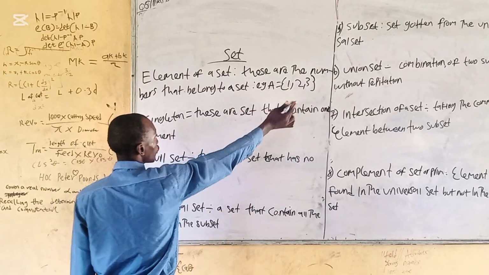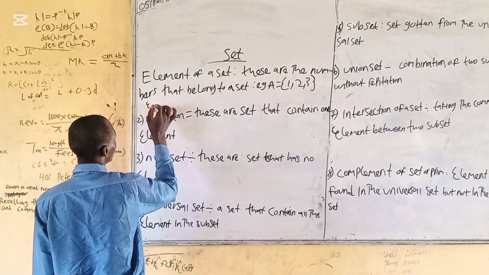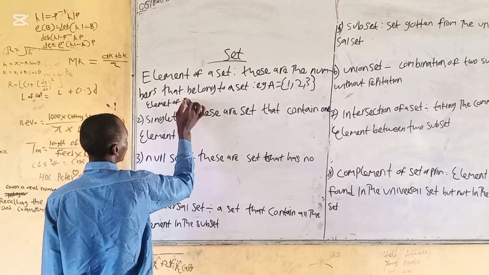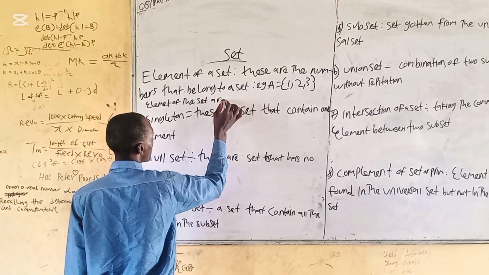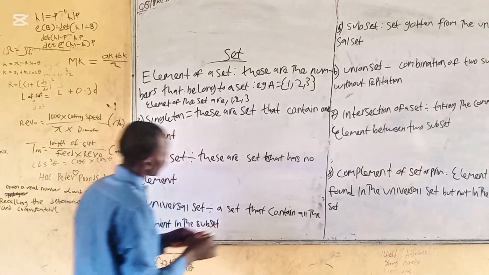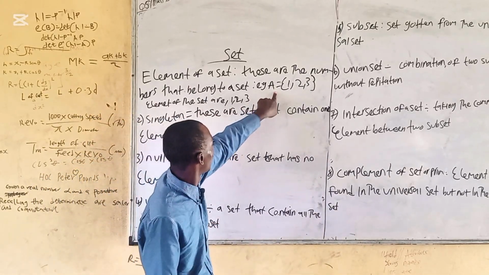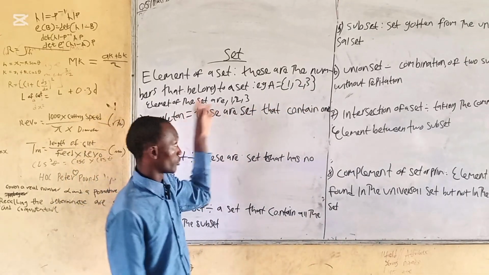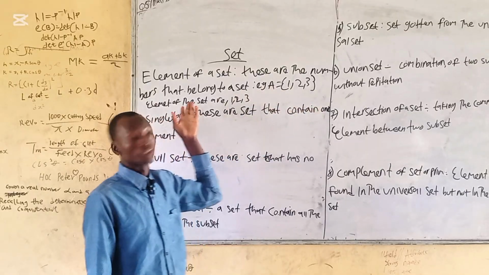Now, the elements of the set are 1. The elements of this set A, 1, 2, 3, these are the elements of the set. I had decided to write it again: 1, 2, and 3. These are the elements of the set.